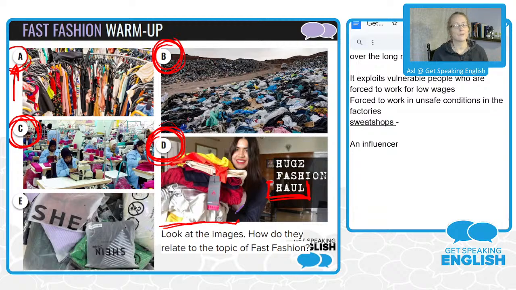But most likely they're only wearing the clothes for a very short amount of time, and then they would throw it away, right? But yeah, those fashion hauls maybe promote overconsumption for sure, right?